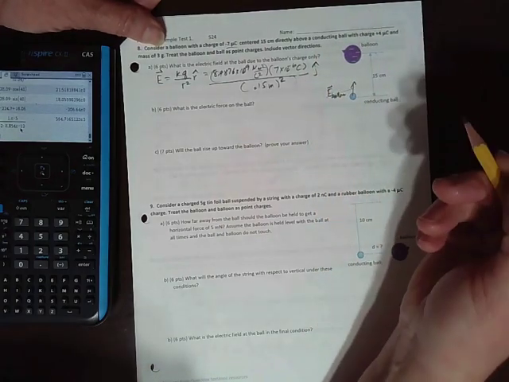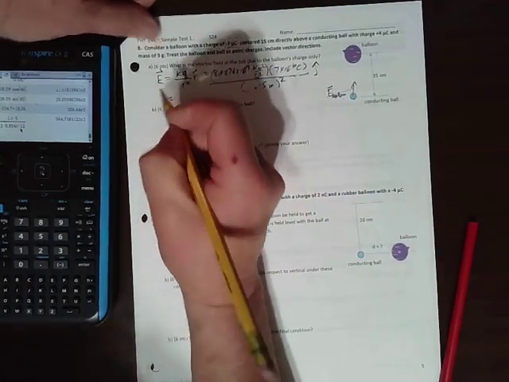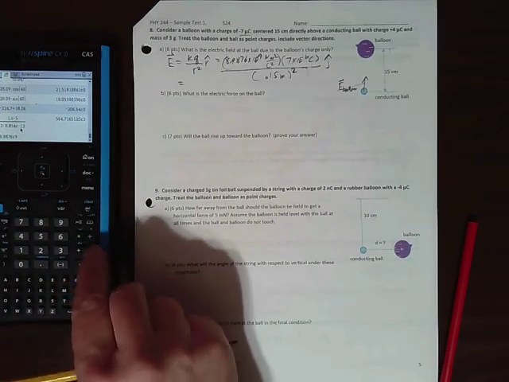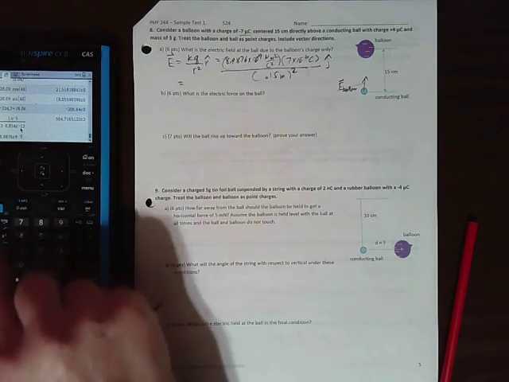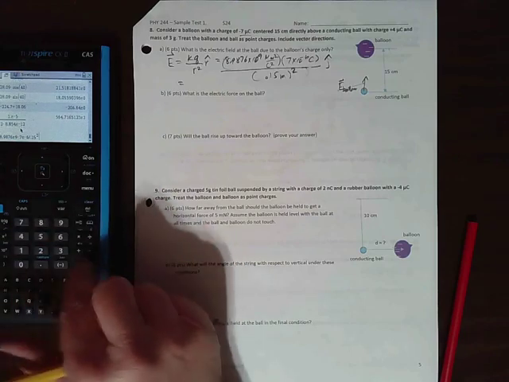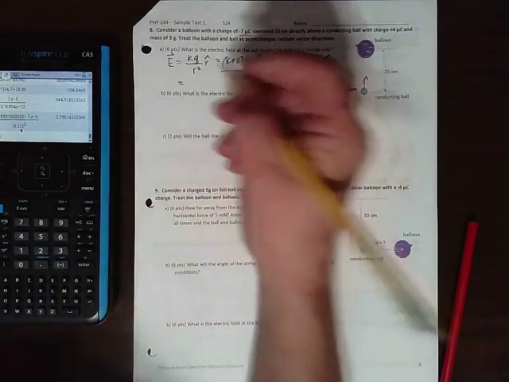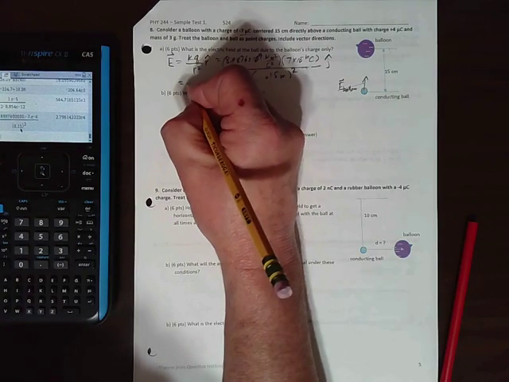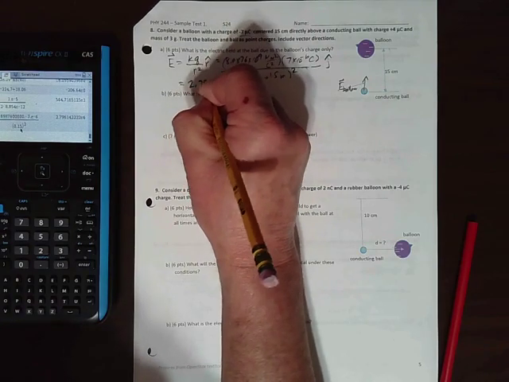I guess we can get a number. 8.9876 E9 times 7E negative 6 divided by 0.15 squared. Pretty big. 2.79.